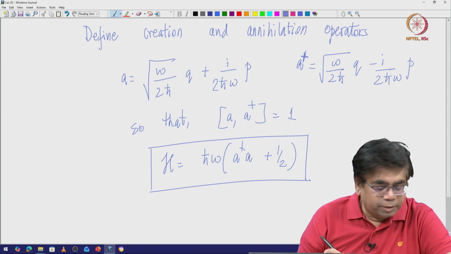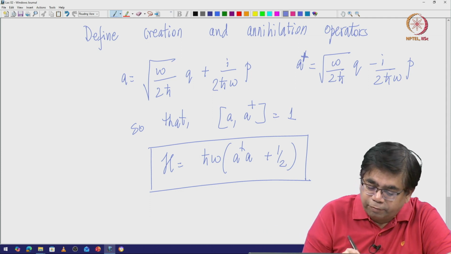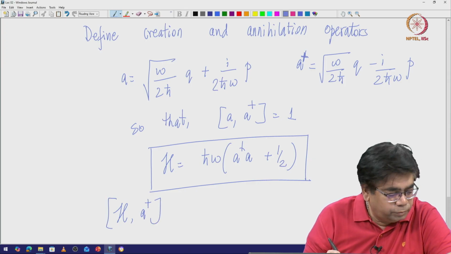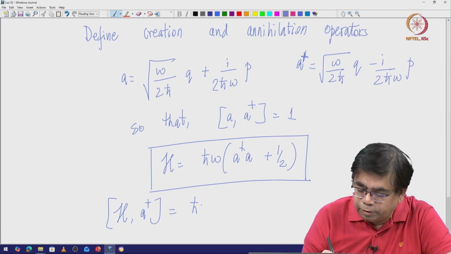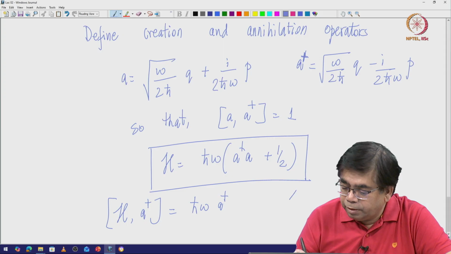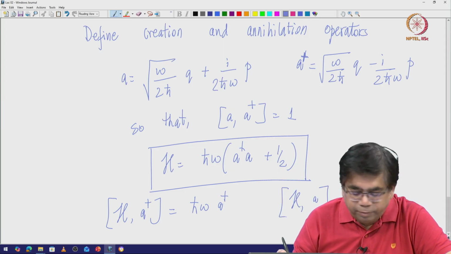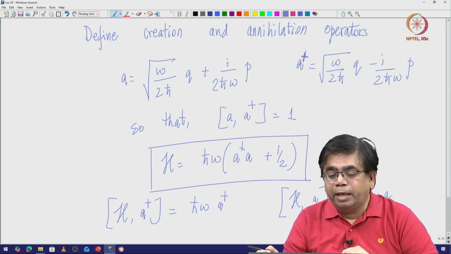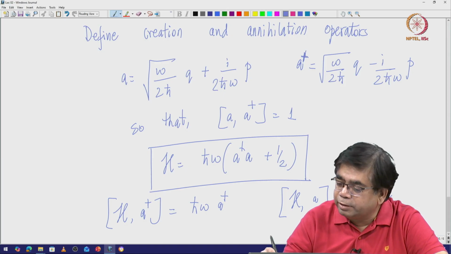The commutation of the Hamiltonian with the creation operator is equal to h cross omega A dagger. The commutation of the Hamiltonian with A is equal to minus h cross omega A. The A operator is the annihilation operator.